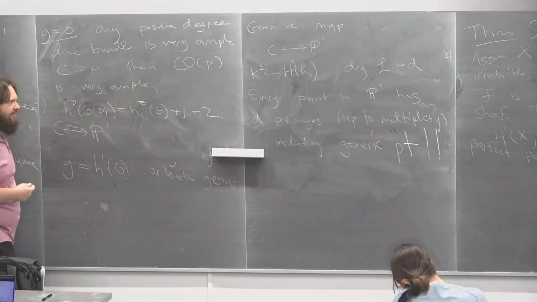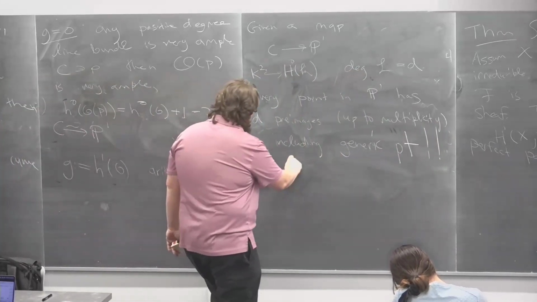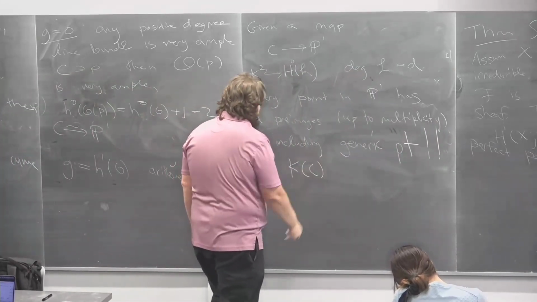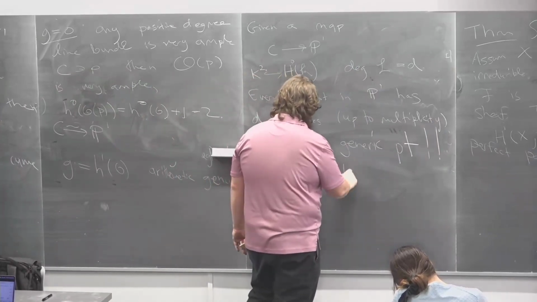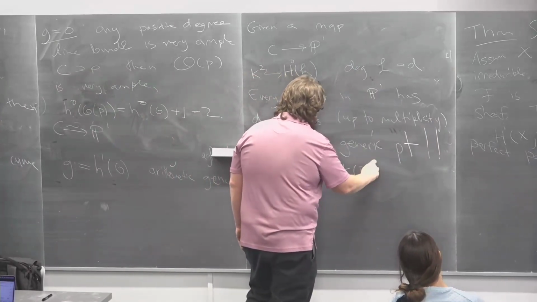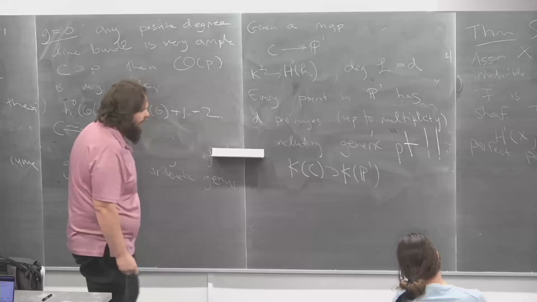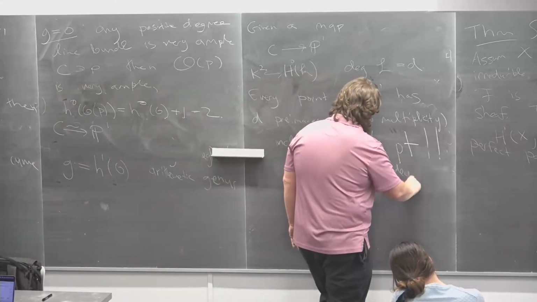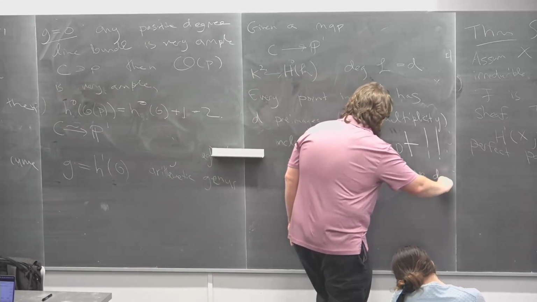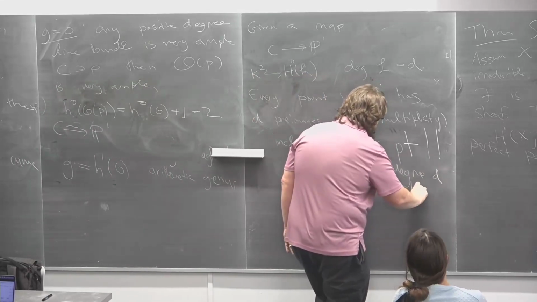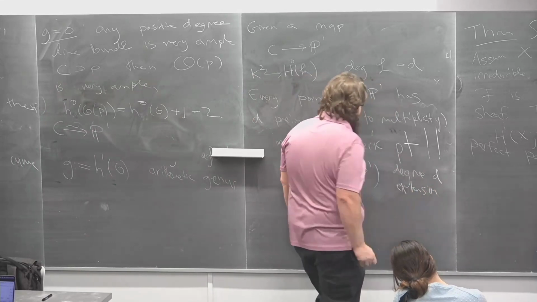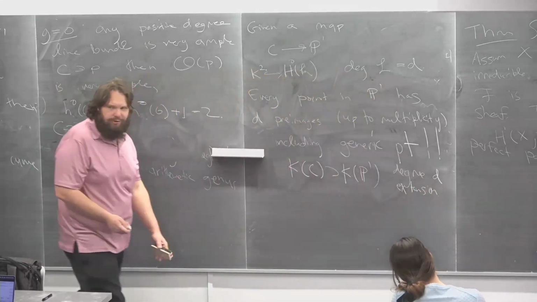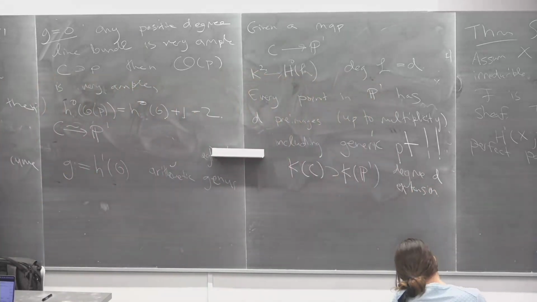So how do I interpret this as a statement about the generic point? I look at the function field of C and the function field of P1, and this is a degree d extension. So all of these notions called degree are the same.